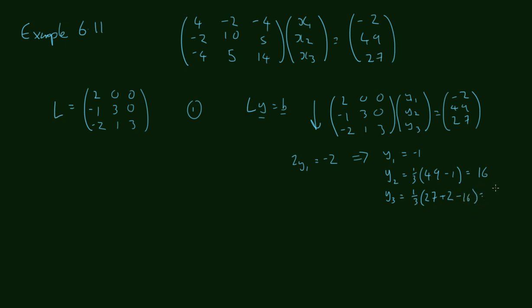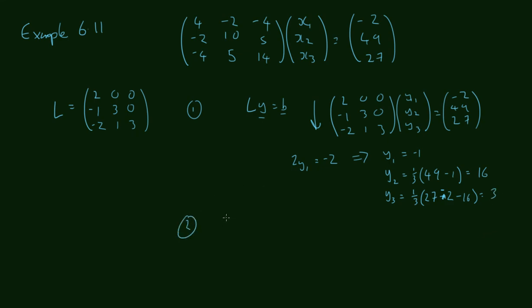Let me double check my signs: that's going to be a -2. Now 27 minus 18 is 9, and 9 divided by 3 is 3. Okay, so that was the first step.